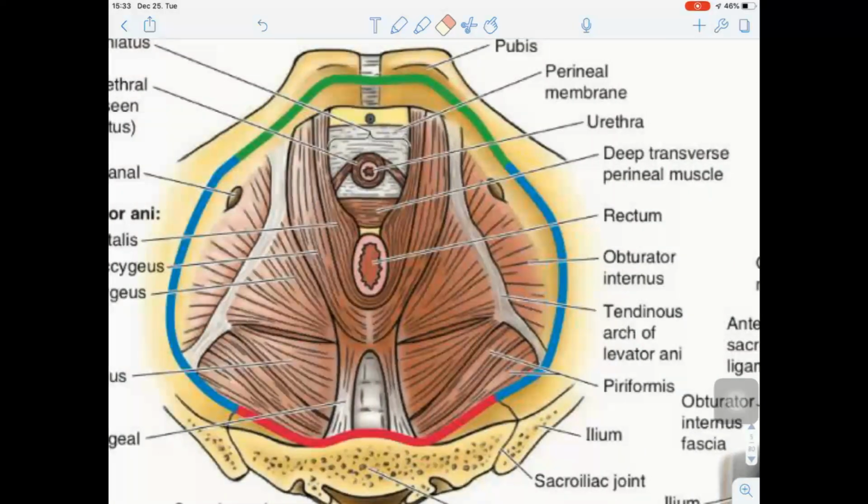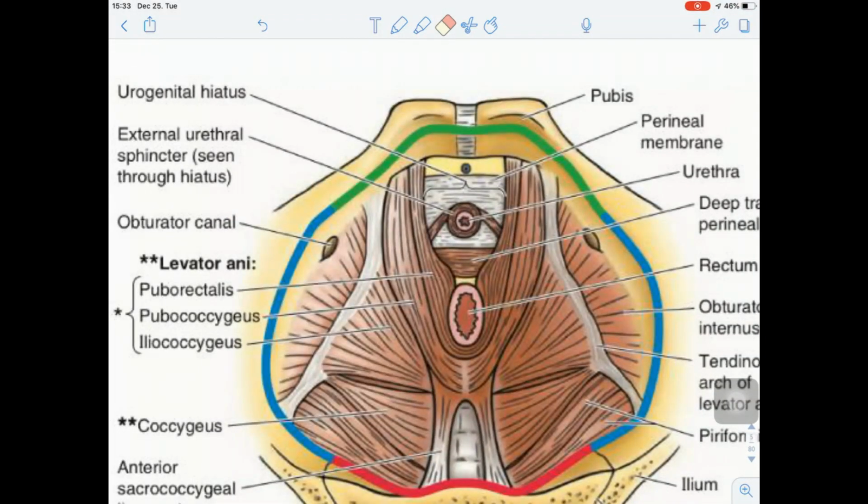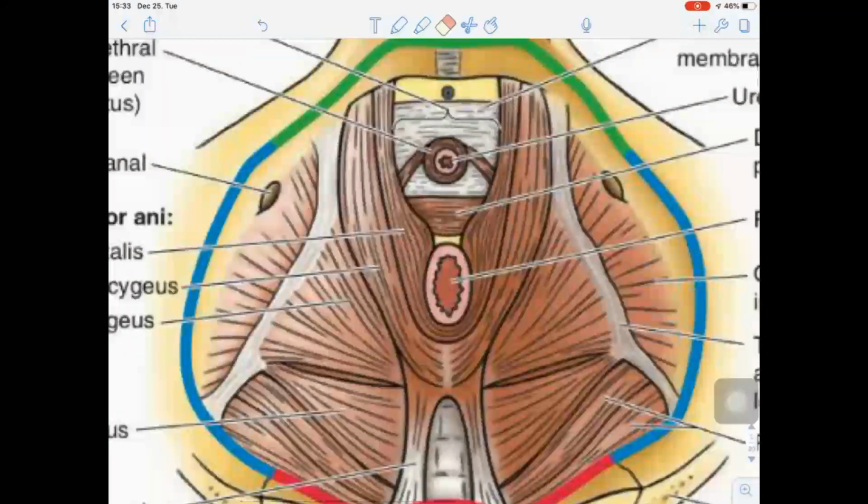We call it the tendinous arch of levator ani muscle. It means that there are parts of the levator ani muscle attaching to this tendinous arch as an origination. It is the thickening of the obturator fascia.